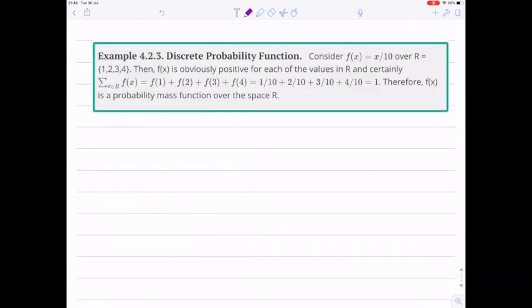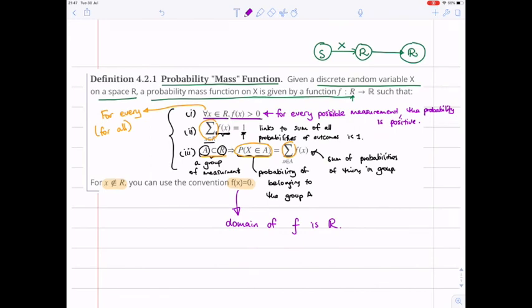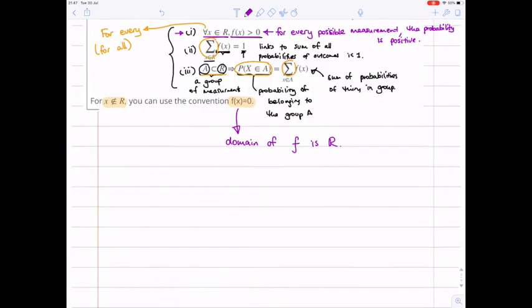Okay, so what can we do with this? Well, let's look firstly at an example of a discrete probability function. So we've got the function f of x is equal to x over 10 over the space 1, 2, 3, 4. And we want to check, is this actually a discrete probability function? So if we go back, we've got three things we need to check. We need to check that for every x in R, our function spits out something bigger than 0.